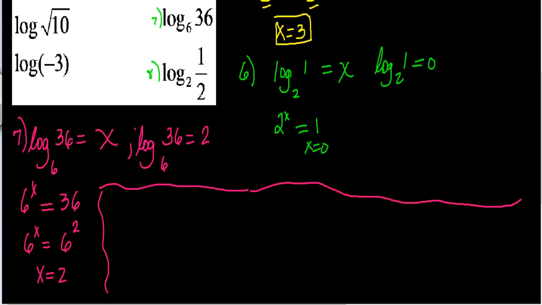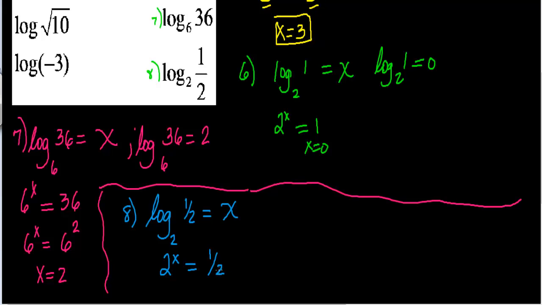Number 8. Number 8 says log base 2 of 1/2 equals what? Well, 2 to the x power is equal to 1/2, and this is a nice one. How do I make 2 into a half? Well, notice 2 to the x power, this 2 is in the numerator, right?